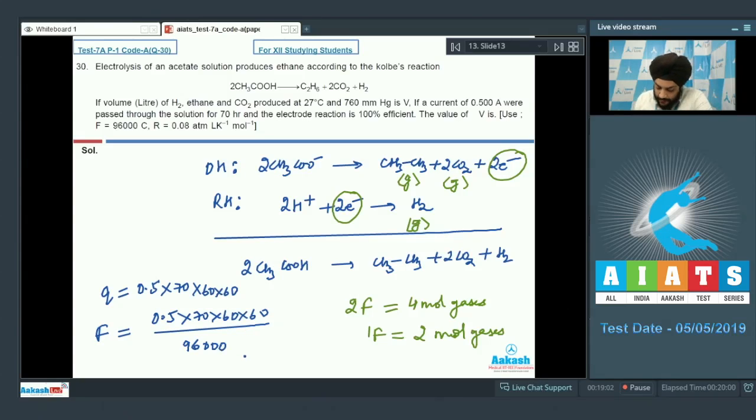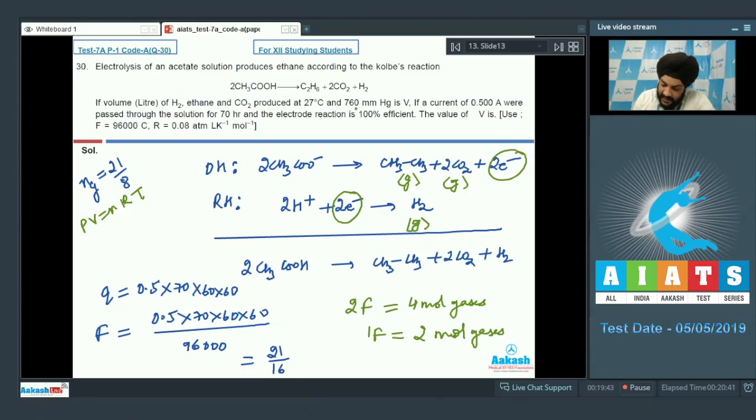If we try and solve the value of F, it comes out to be equal to 21 upon 16. So we can have the number of moles of gases. The number of gaseous moles will be double of this value, which is equal to 21 upon 8. And we can now apply the ideal gas equation to find the value of V. So students, we can have PV equal to nRT.